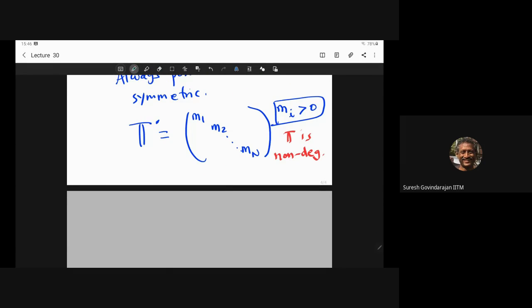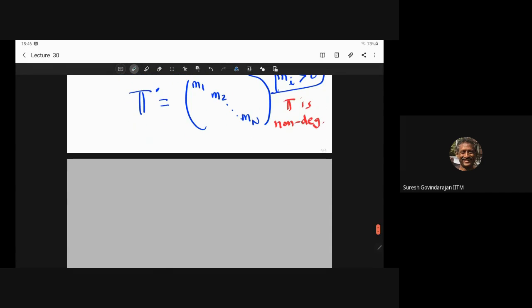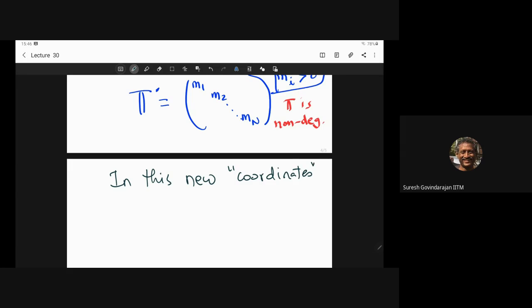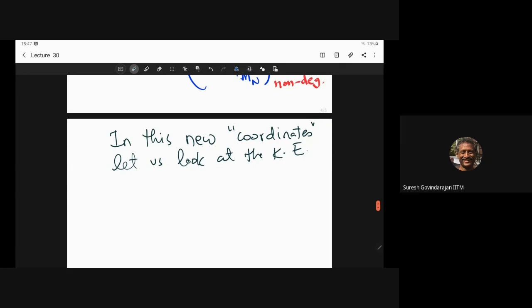Okay, so then once we have done this, it now suffices to consider diagonal T, which is what we started yesterday, but then we tried to do T inverse, which was a mistake. So focus on the new coordinates. Let us look at the kinetic energy. Okay, so the kinetic energy term would look like this.